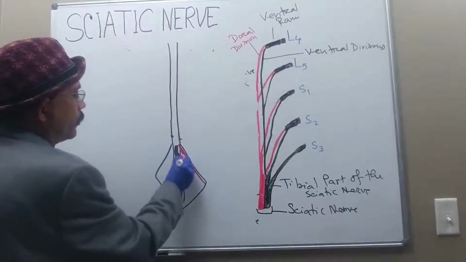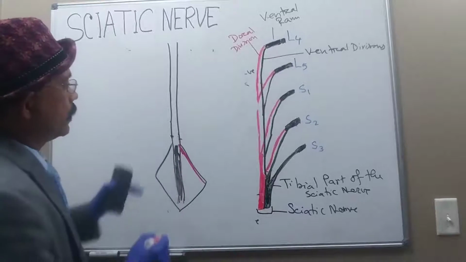These are the divisions of the sciatic nerve.